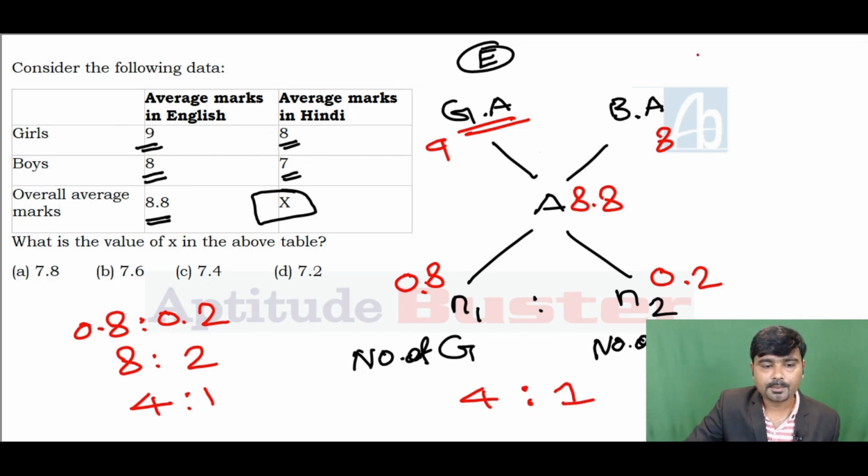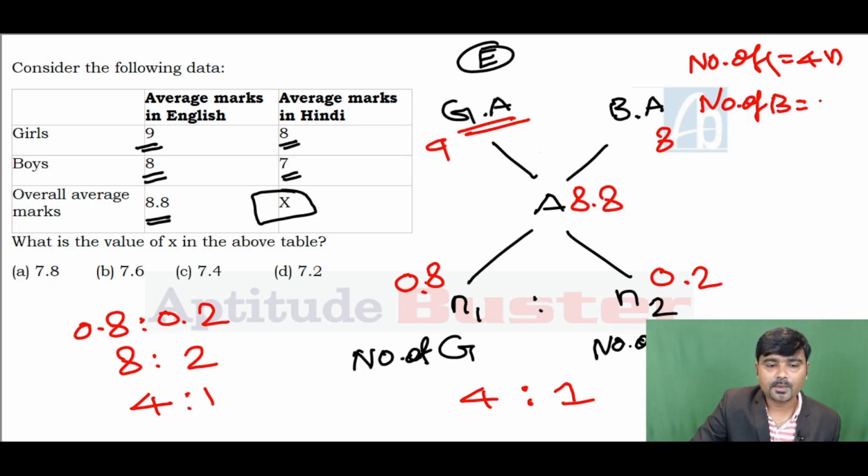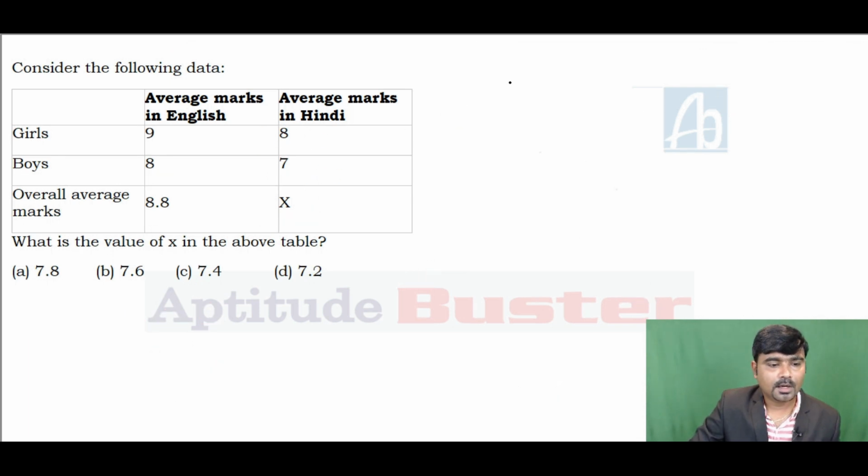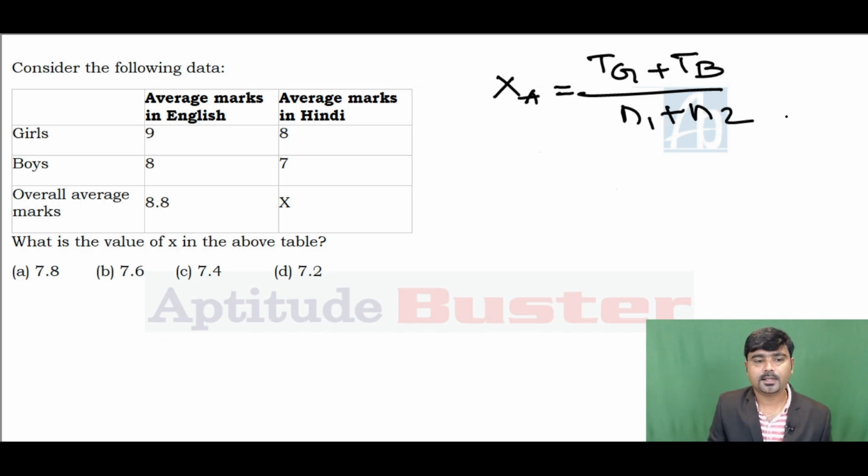Okay, so the number of girls is equal to 4n. The number of boys is equal to 1n. Okay, now it's easy to find out the value of x. Now overall average x is equal to total marks of girls plus total marks of boys divided by N1 plus N2, the number of boys and number of girls.